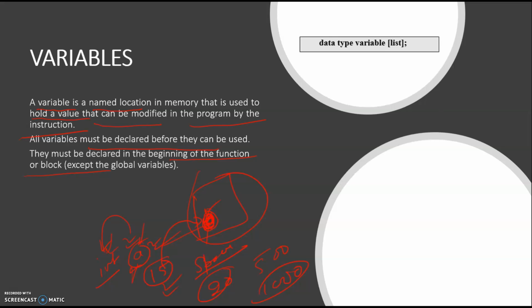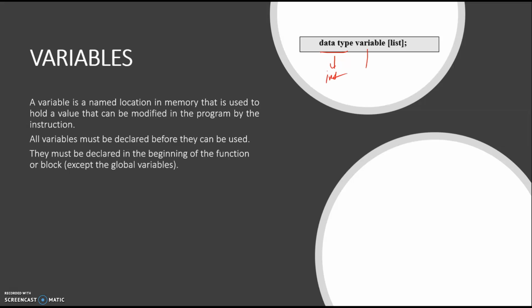So if you want to declare a variable, you have to use first the data type and then the variable name list. Let's say var is the name of the variable, and you want to declare it of integer type. So you will write the data type, meaning integer is my data type, the name of my variable is var, and I will terminate this instruction by a semicolon.